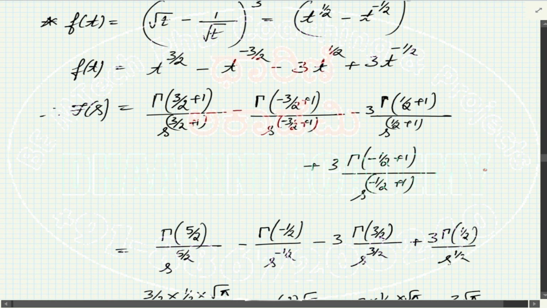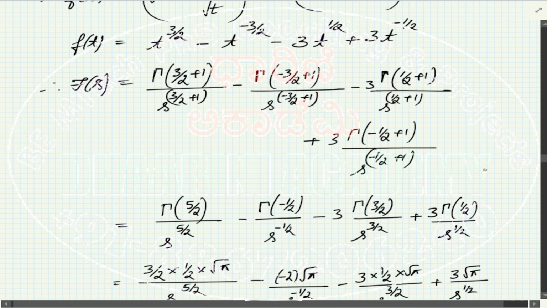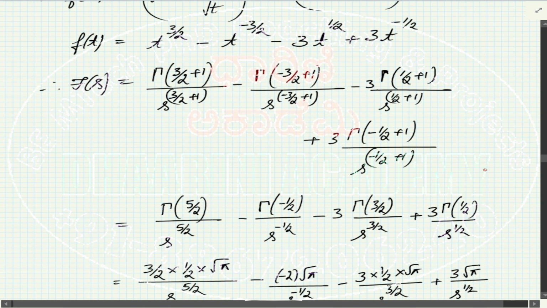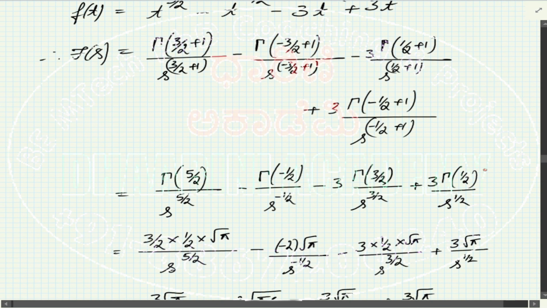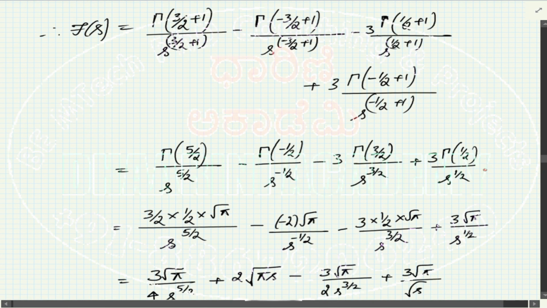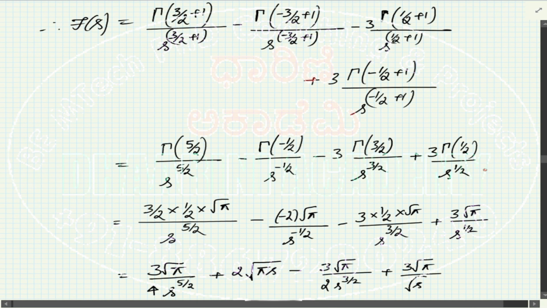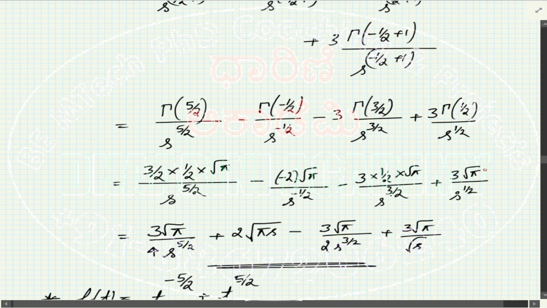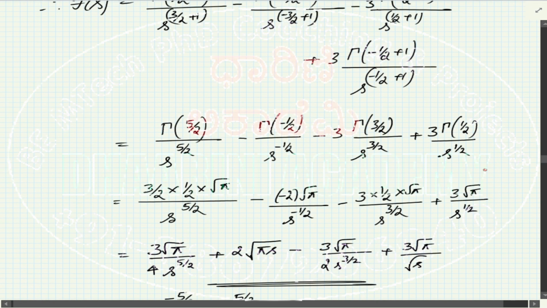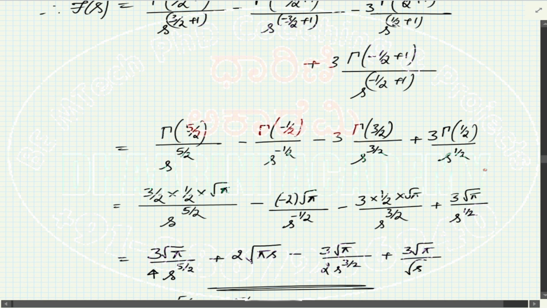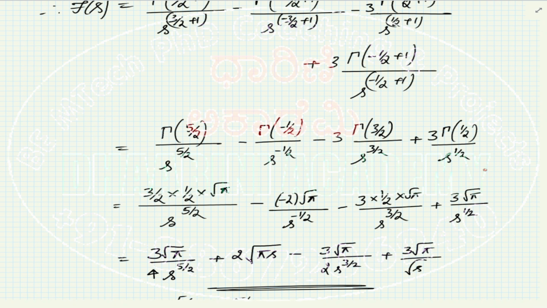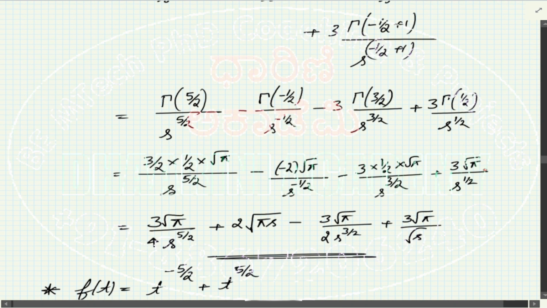According to n, we'll write this. Yes. Correct. So every value is a standard gamma function. You will substitute and then you get the final answer. Go to the next one.